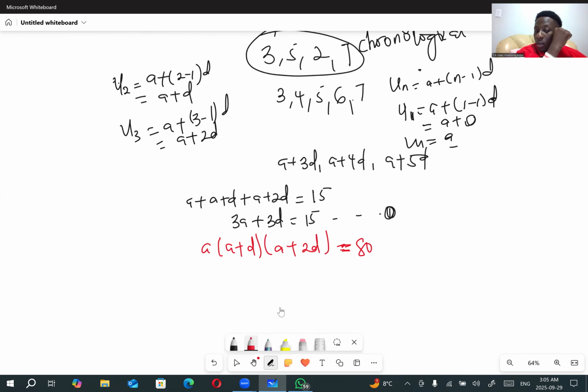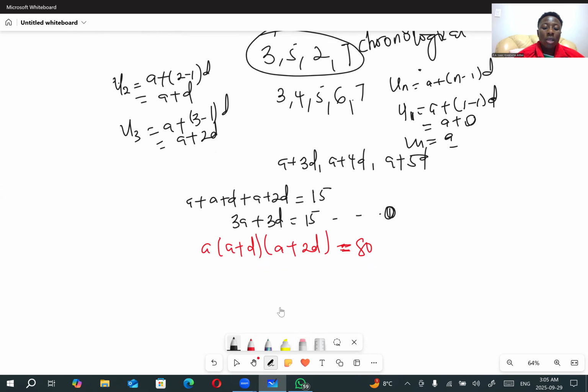Now you see, it's three things we are multiplying here. So deal with these two brackets first. When you are done, then a is multiplying everything, but let's deal with these two brackets first. Then we'll come and consider the a.